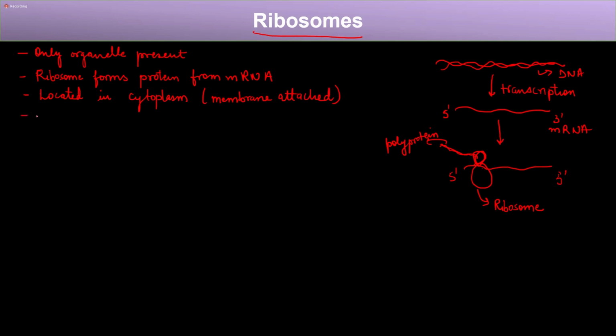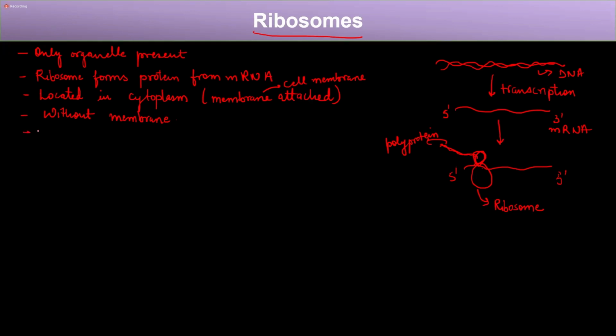I am talking about the cell membrane, so it is attached to the cell membrane. But does the ribosome have its own membrane? The answer is no. So this organelle is without membrane.